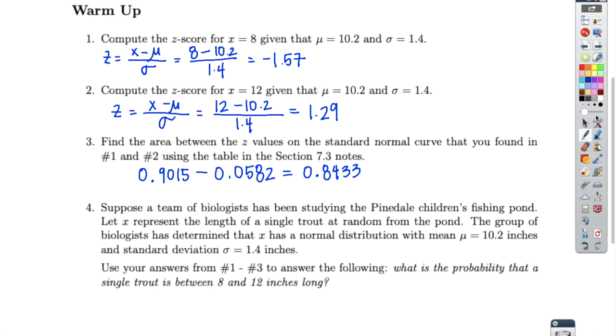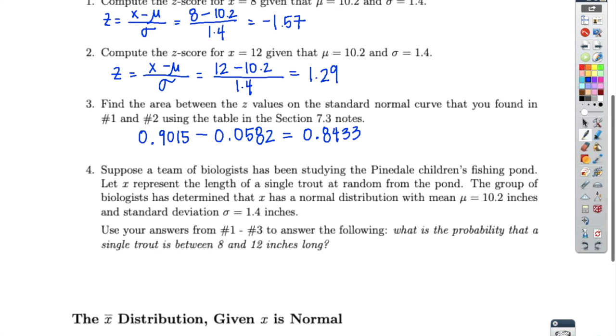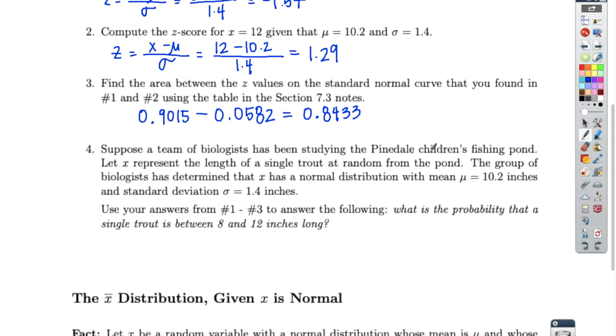Now, number 4 says, suppose a team of biologists has been studying the Pinedale Children's Fishing Pond. This is that setup from the 7.4 notes. Let x represent the length of a single trout at random from the pond. Okay, so someone catches 1 trout. The group of biologists has determined that x has a normal distribution with a mean of 10.2 inches and a standard deviation of 1.4 inches.